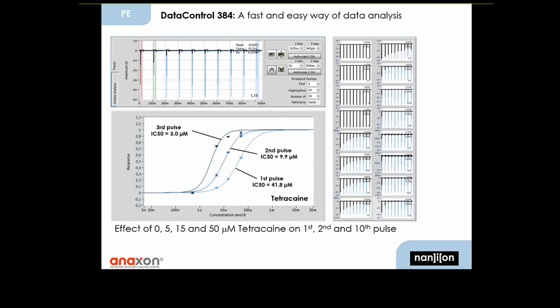Then you can compare 3 different IC50 values from 1 cell for the 3 different pulses. And the dose response curve here at the bottom should highlight that tetracaine is a compound that clearly shows a frequency dependence on NaV 1.7 channels.